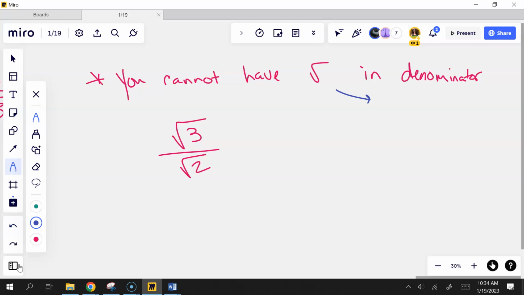The fraction value itself has to be the same. So I'm going to multiply the top and bottom by the same thing, because if you divide something by itself, it's 1, right? Multiply anything by 1, it keeps the same value. So I'm going to multiply the top and bottom by the square root that's in the bottom.